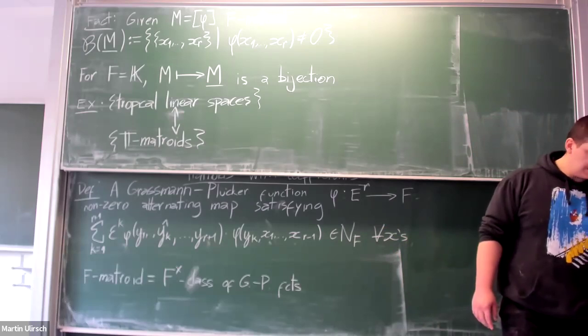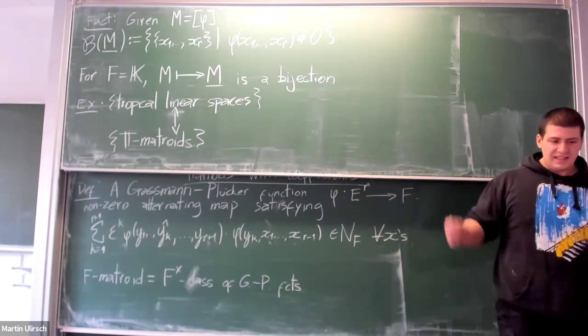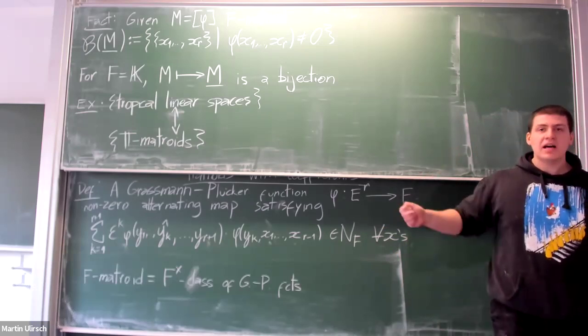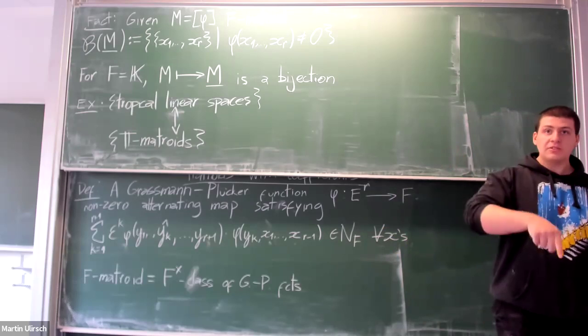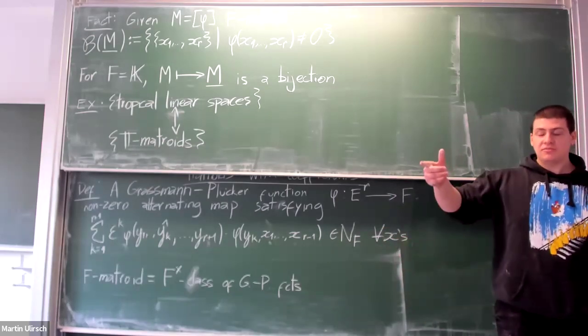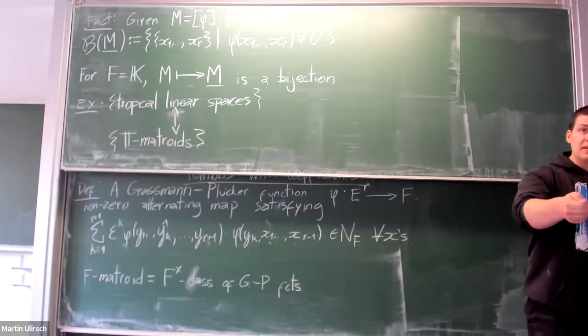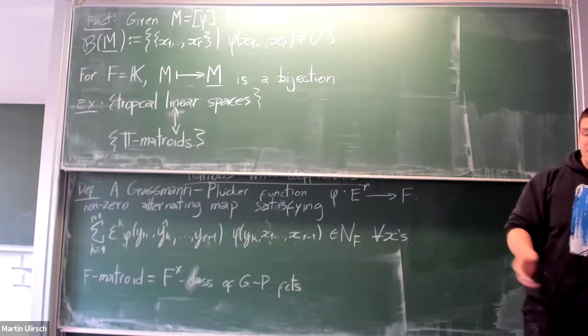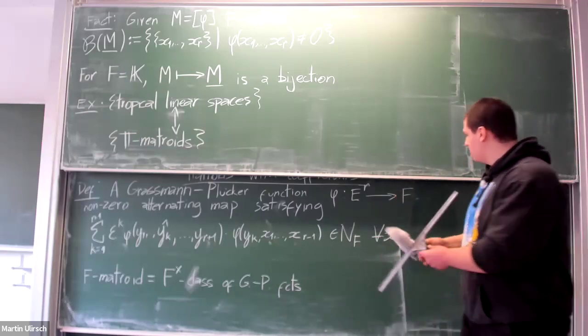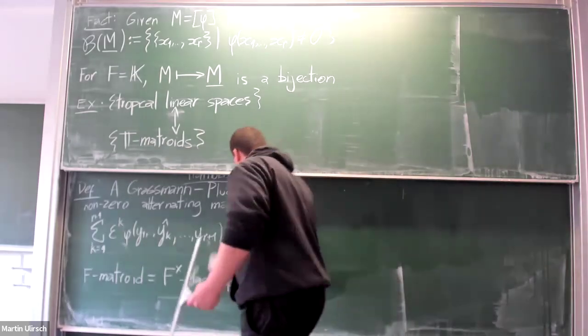I don't know precisely the equation that we are talking about, but the example that I will put right now is relating matrices to this F star class. Basically, given a matrix, I will give you a Grassmann-Plücker function. Maybe this will be clear too. I think Cauchy-Binet is a little bit finer than this, actually.